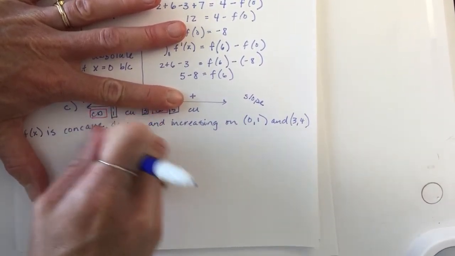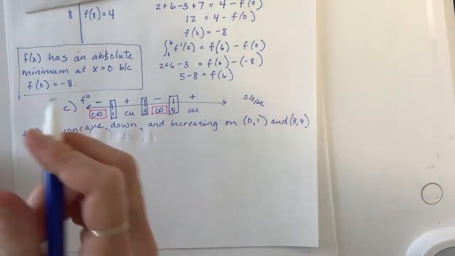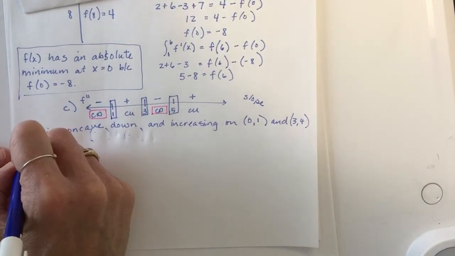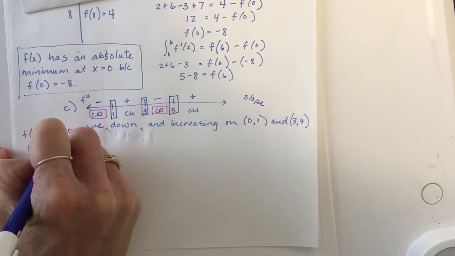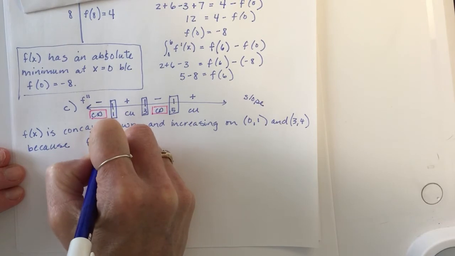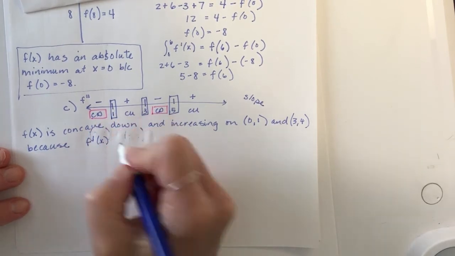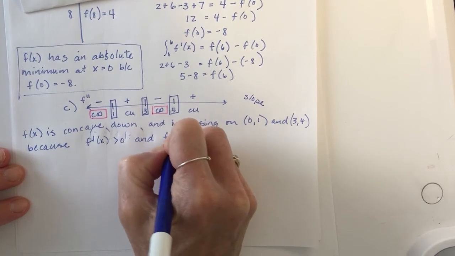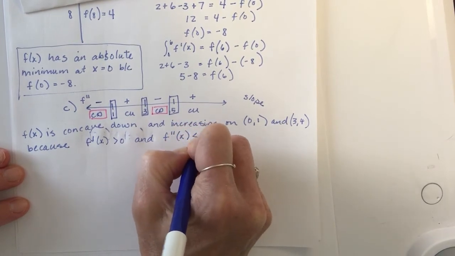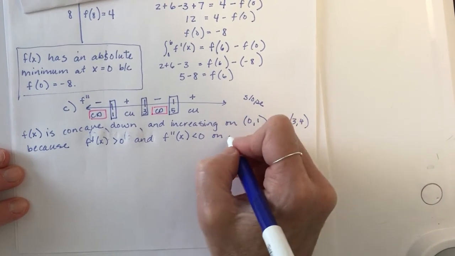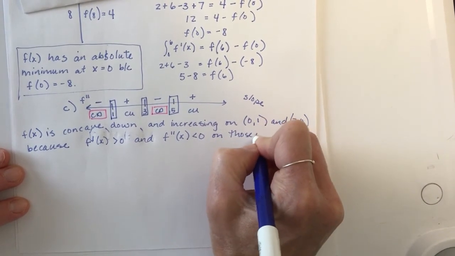Sorry, I shouldn't have written it there. 3 to 4. Because f prime of x is greater than 0 and f double prime of x is less than 0, sorry, on those intervals.